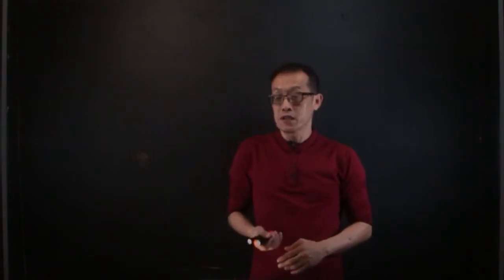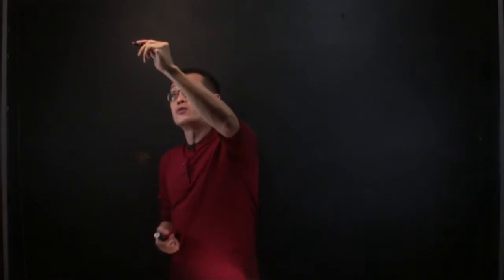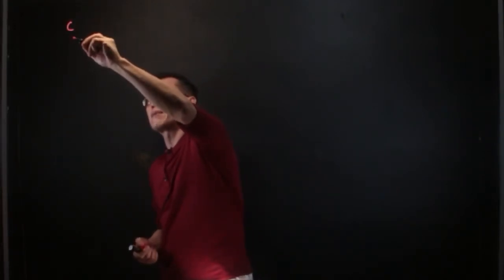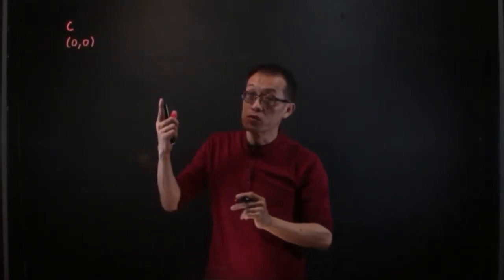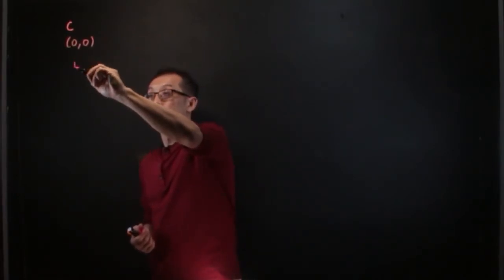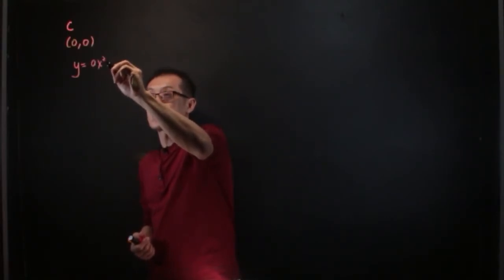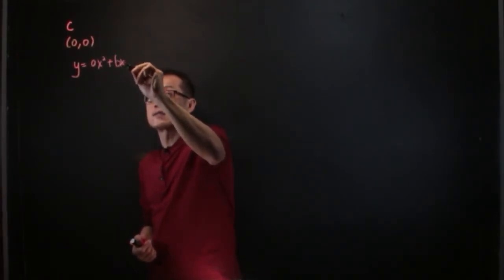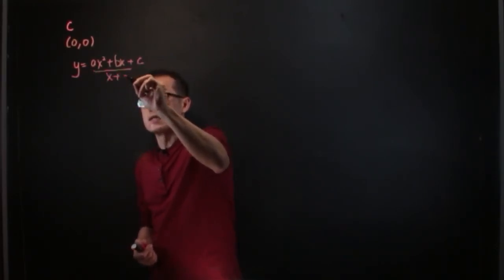Let's look at part 3 of the question. You are given that the graph passed through 0, 0. So the graph C passed through 0, 0. Now you are asked to find the value of c. Now we know that the graph is y equals to ax squared plus bx plus c over x plus d.